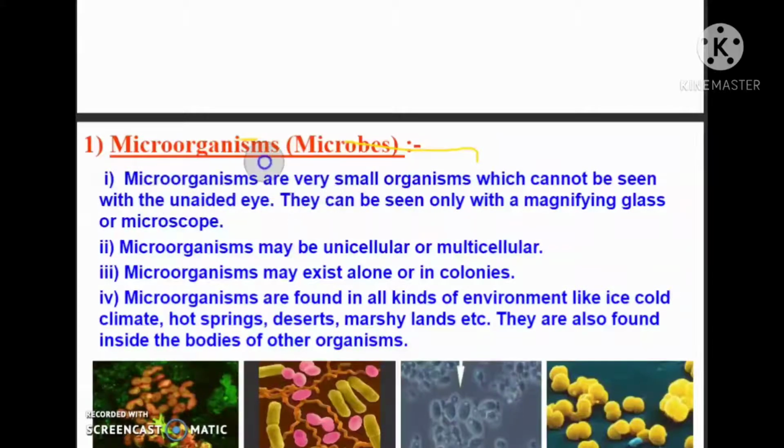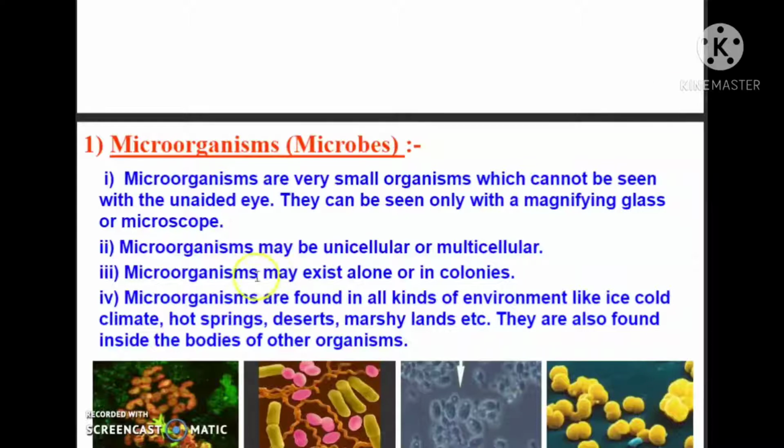By using a special instrument or tool, that is a magnifying lens or a microscope. Microscopes are also of various types, like light microscope, compound microscope, electron microscope. All these we will come to know in our higher classes.